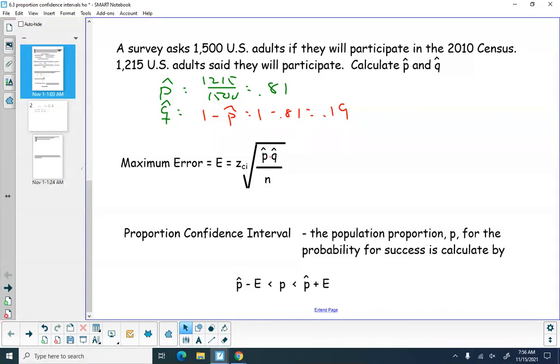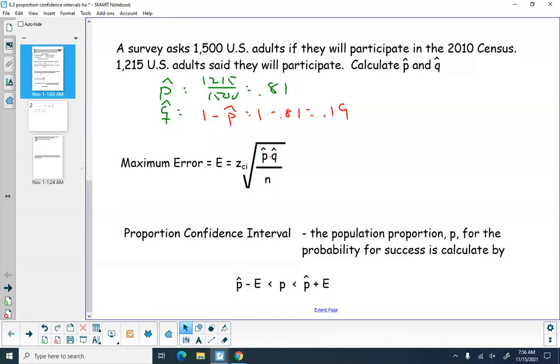Who are they going to vote for? And then they calculate an error and run the confidence interval for the actual population proportion p. p is going to be somewhere between p hat minus E and p hat plus E.